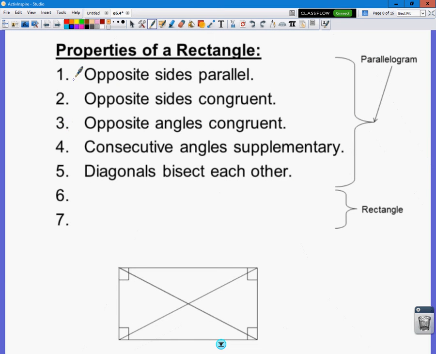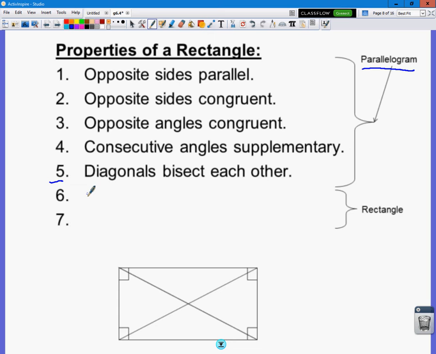So, notice that the properties of a rectangle start out with what? Properties of the parallelogram, which we talked about a couple days ago. These are the first 5 properties that every rectangle has. It has two additional properties. The first one comes straight from its definition.